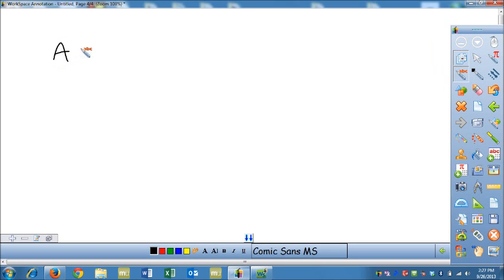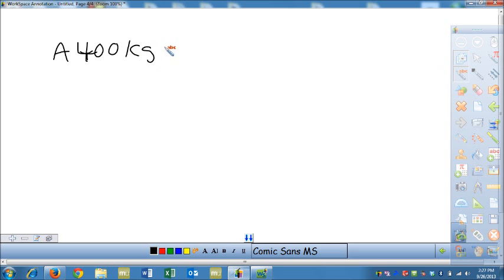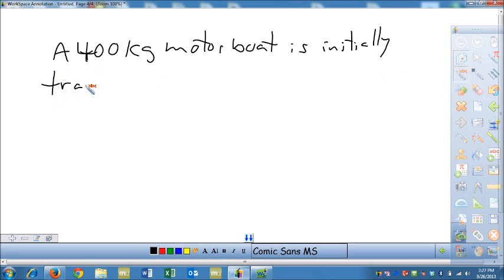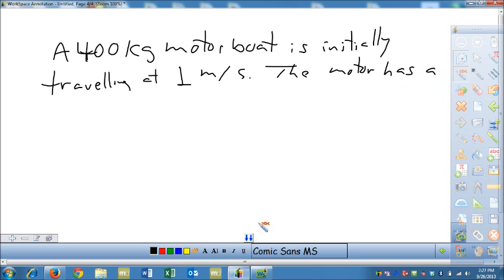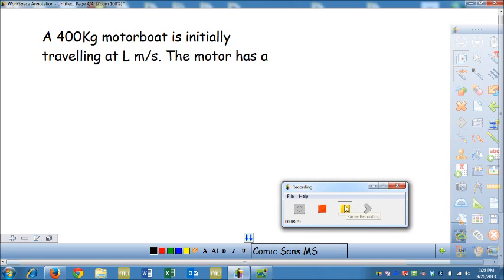Okay, so a 400 kilogram motorboat is initially traveling at 1 meter per second. The motor has a, hold on a minute, someone's at the door.